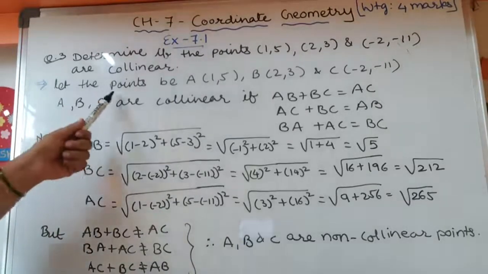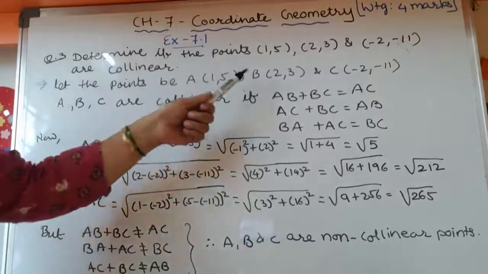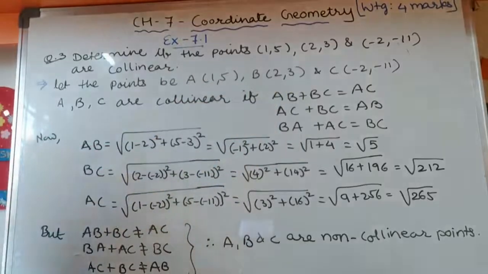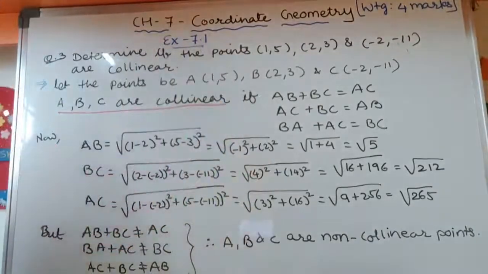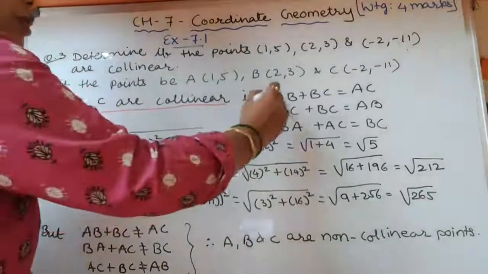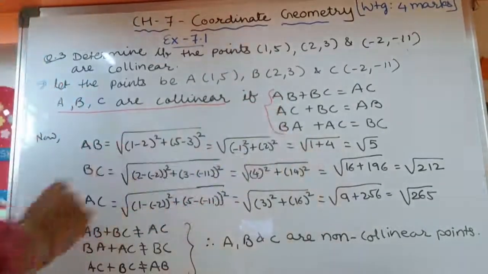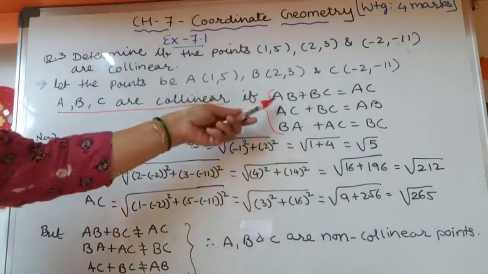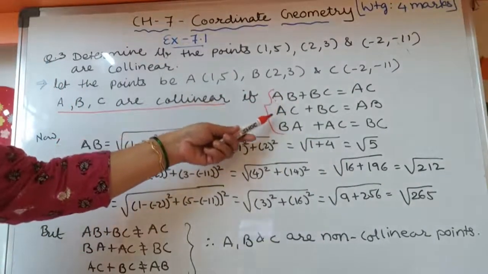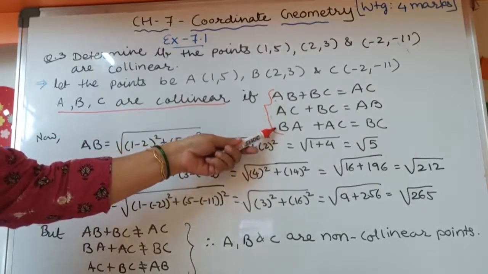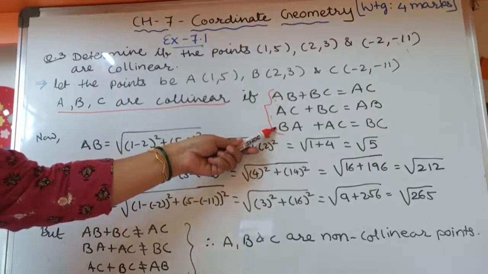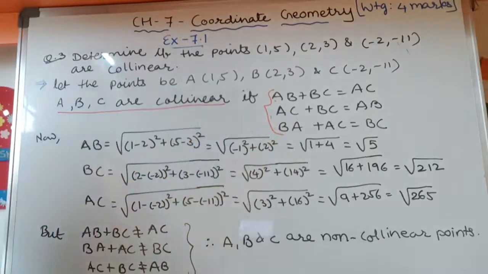So here let A be (1, 5), B (2, 3) and C (-2, -11). If these points are collinear, then what are the possibilities? These 3 possibilities are there: either AB plus BC is equal to AC, AC plus BC is equal to AB, or AB plus AC is equal to BC.